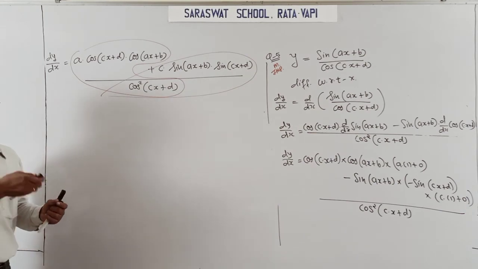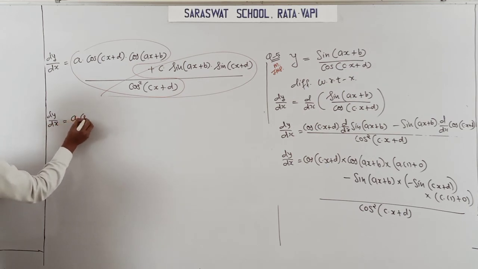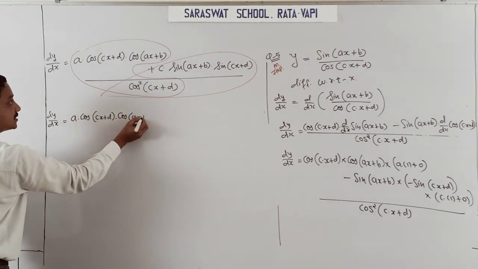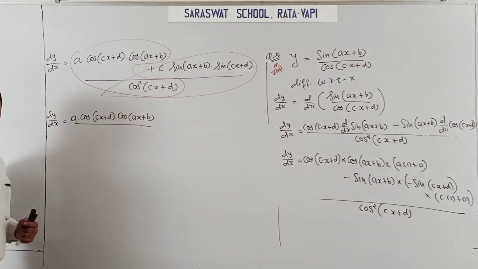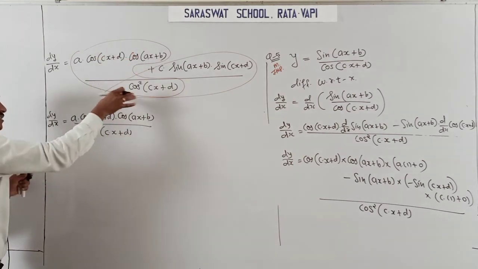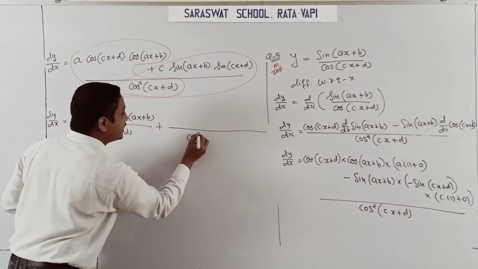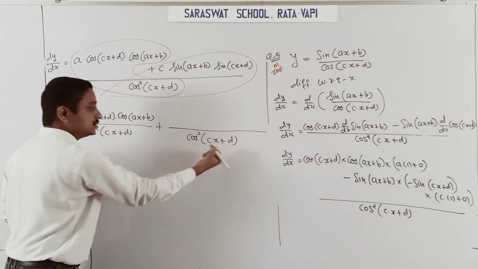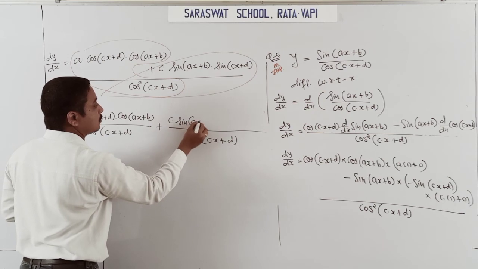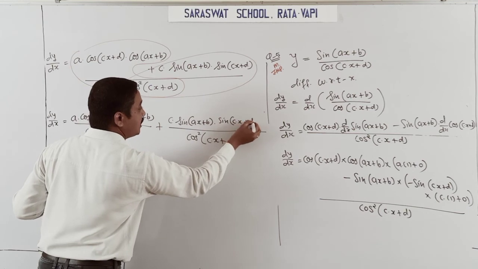So you get dy by dx equals how much? a cos(cx plus d) into cos(ax plus b) upon cos square(cx plus d), first I just divided, plus similarly here also cos square divided, into the second term, that is the same as c into sin(ax plus b) into sin(cx plus d).